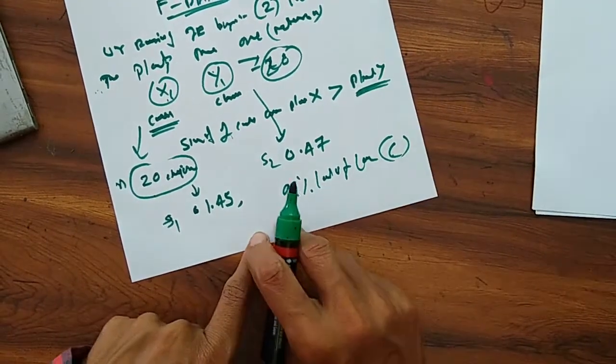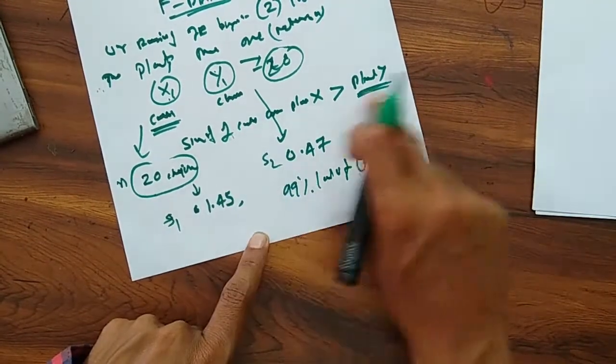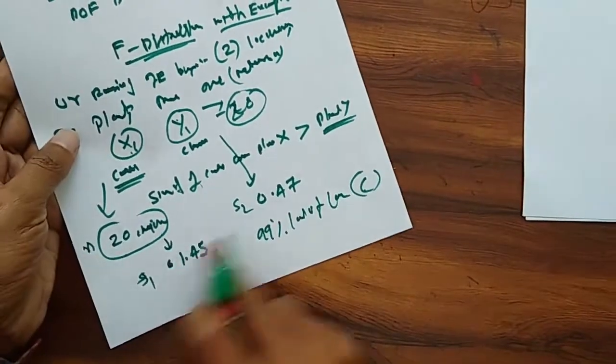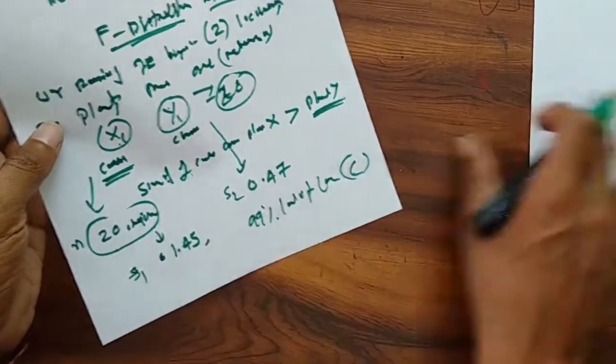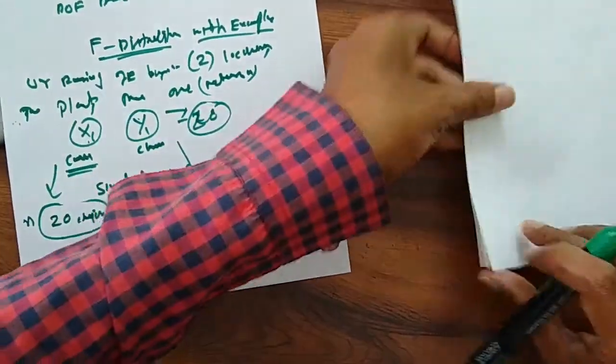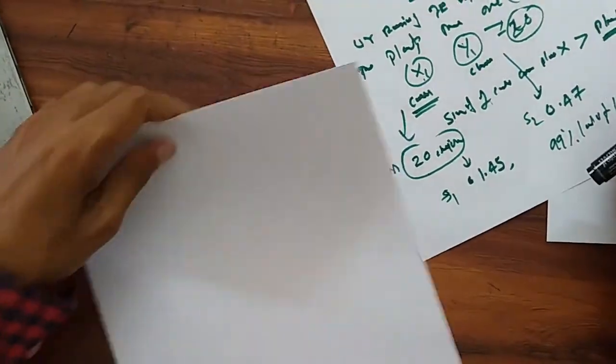Now we need to determine whether this claim is true or not. To do that we are dealing with variance. We don't have any means as of now, so we will apply our F distribution formula here.